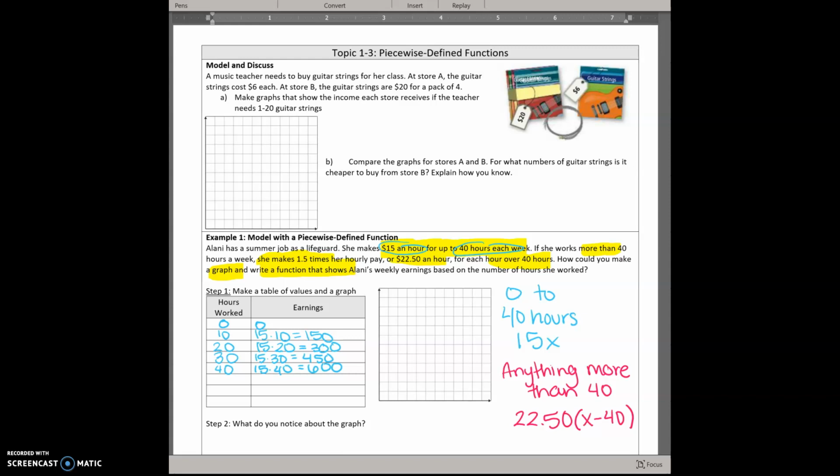So let's say she works 50 hours. She's first going to get the 15 times 40. But then she's also going to get $22.50 for the other 10 that she worked. So for this one, she would make $825.